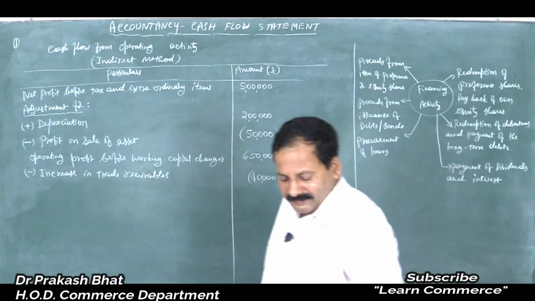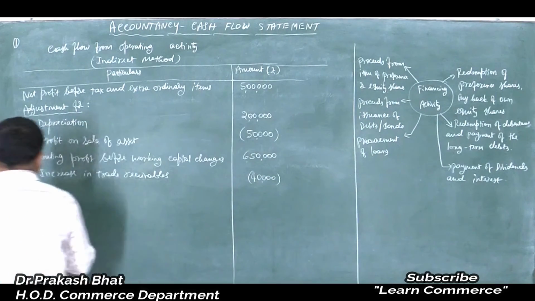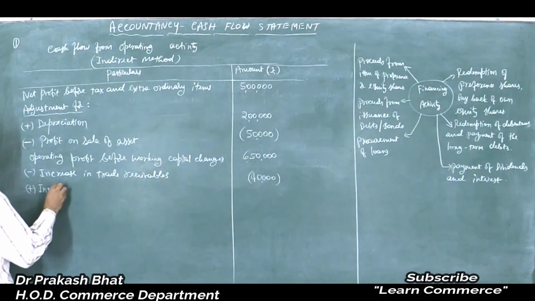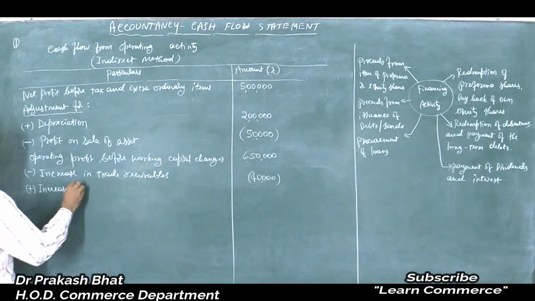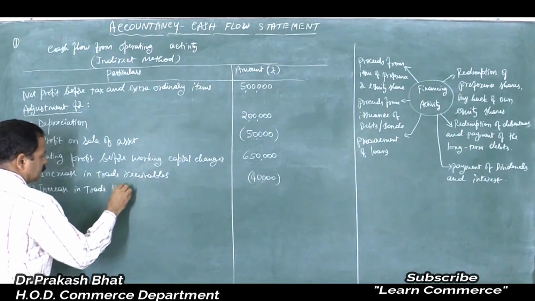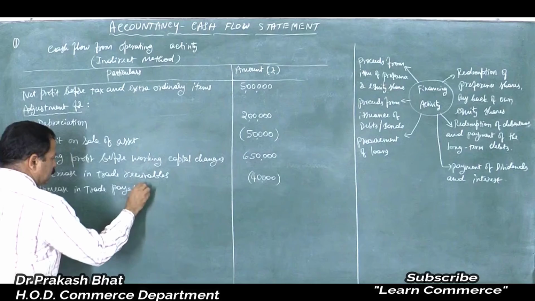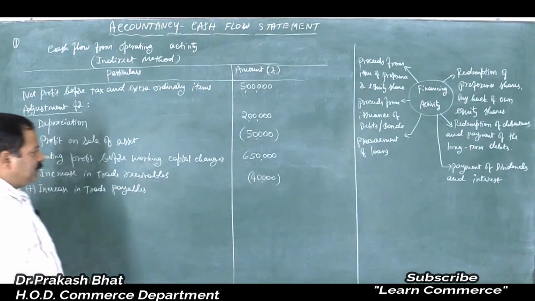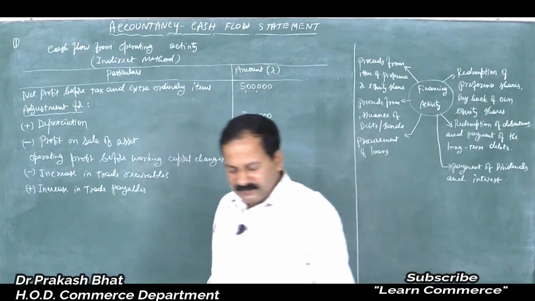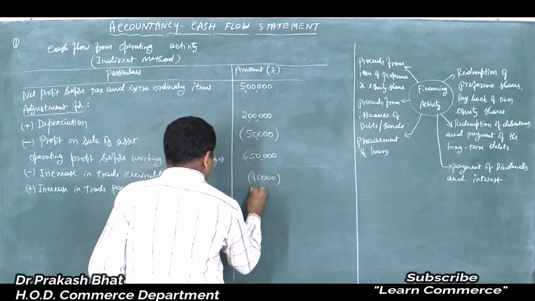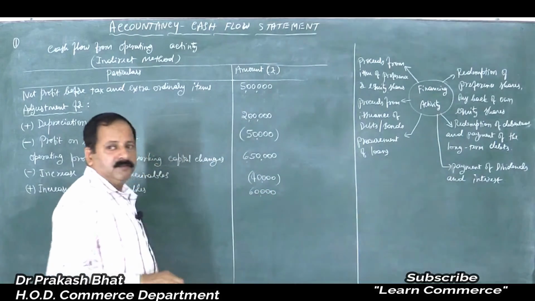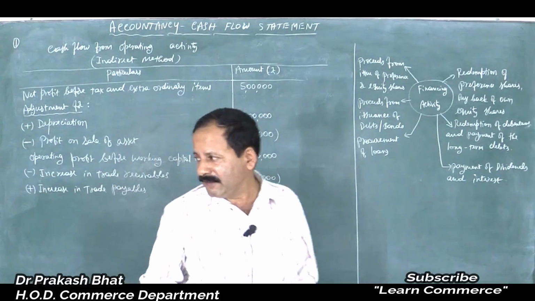So increase in trade payables, add, plus increase in trade payables. How much is it? Refer to the problem. 60,000 plus, isn't it? Yes.